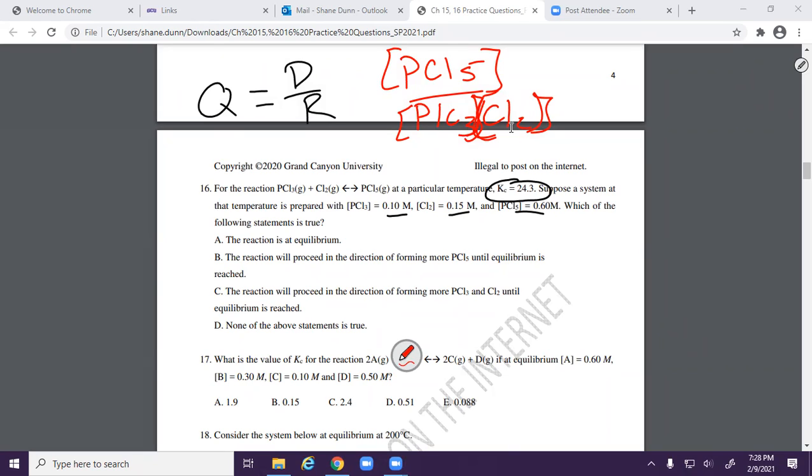Figure out Q. What is it? 40. Yeah, you're right.